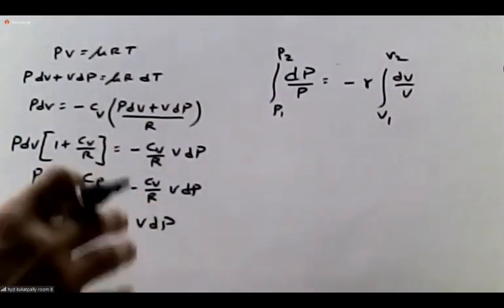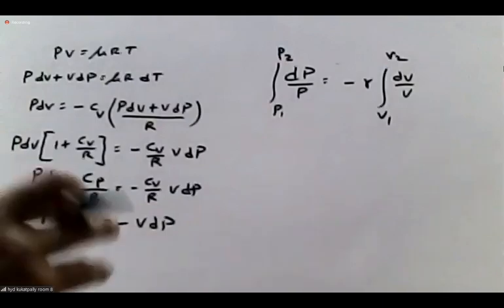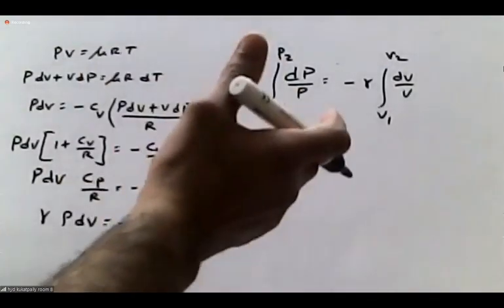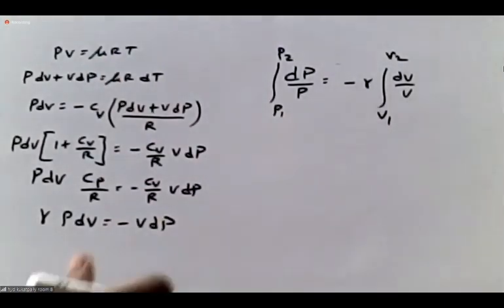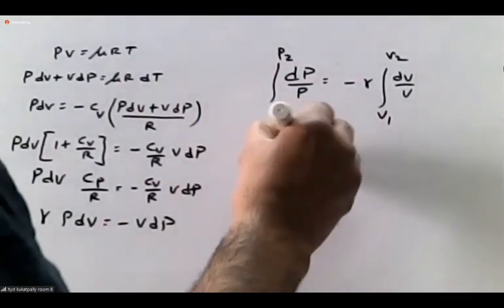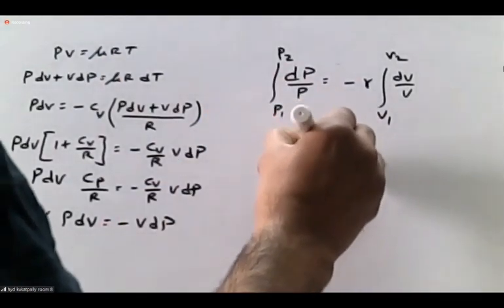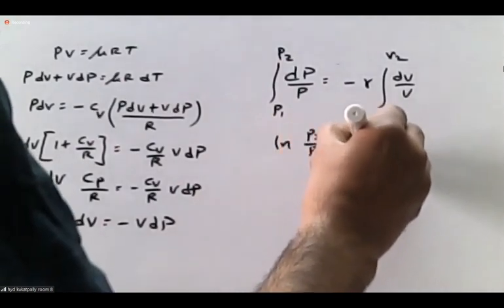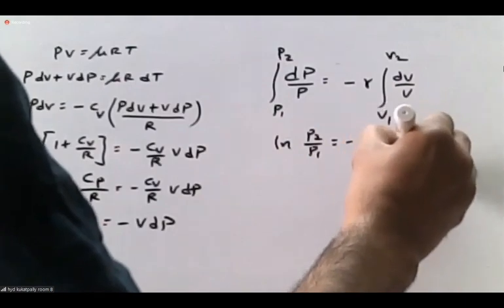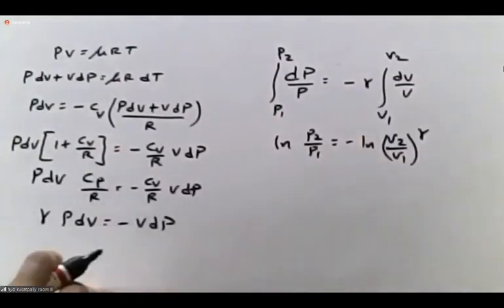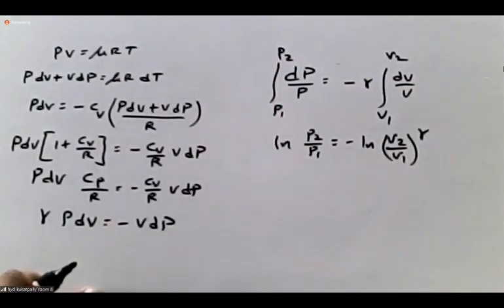It is only one process, an adiabatic process, not a cycle. One process only, P1, V1, T1 to P2, V2, T2. Integrate: ln P2 by P1 is equal to minus ln of V2 by V1 whole power gamma. Correct? Check it in case of any doubt.